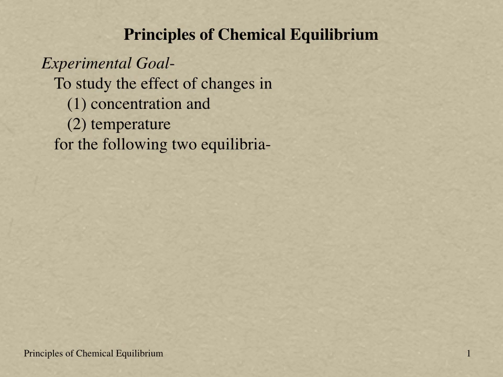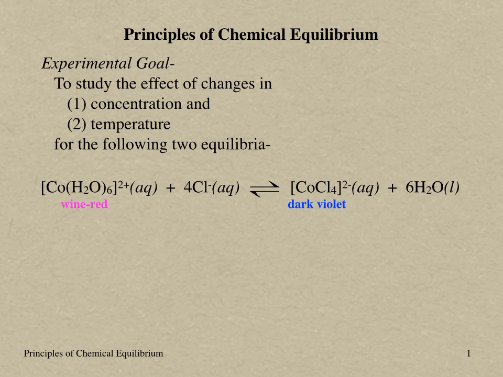In this experiment, you will study the effects of concentration and temperature changes on two reactions. Note that in each reaction there is one reactant and one product that are very different in color. The cobalt reactant in the first reaction is a dark wine red, whereas the cobalt product in this reaction is a dark violet.